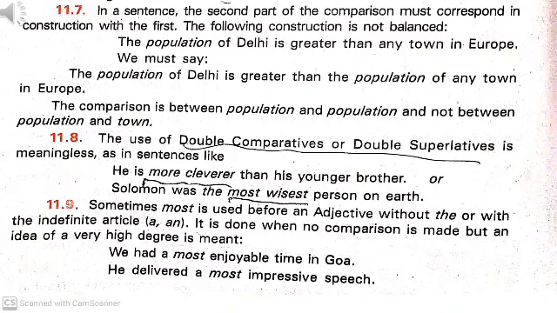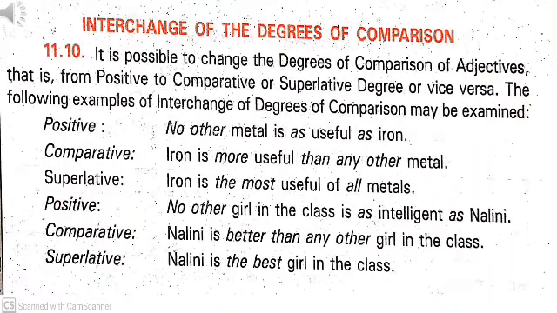Before the superlative degree, the is used, but sometimes the word most is used without the, in the condition when no comparison is made, but an idea of high degree is conveyed. When we want to convey that, then most is used without the. We had a most enjoyable time in Goa. Here one idea of high degree is mentioned.